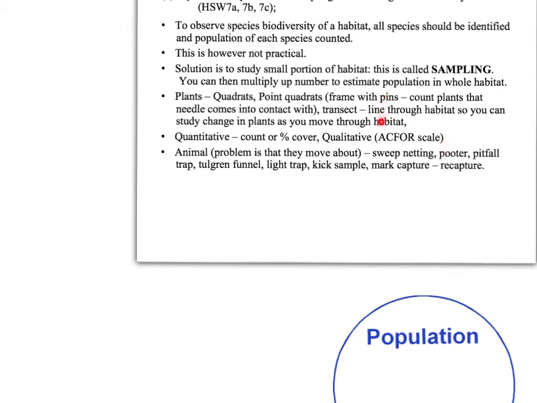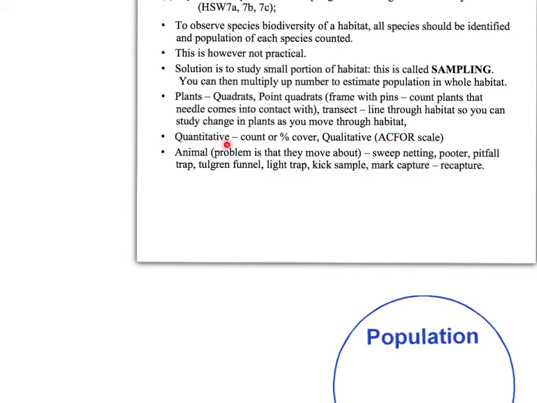A standing for abundant, C for common, F for frequent, O for occasional, and R for rare. So the individual takes a judgment and gives it a qualitative label according to the amount of a particular species in a quadrat.